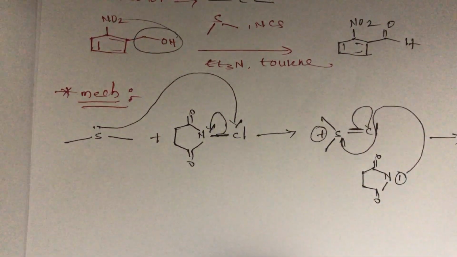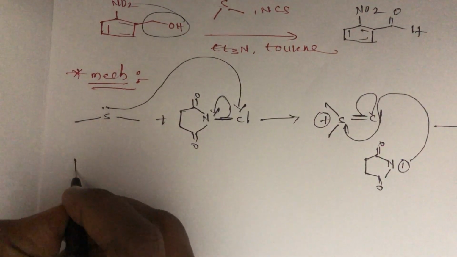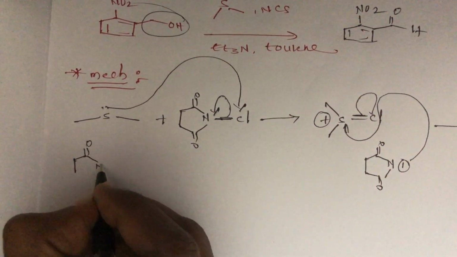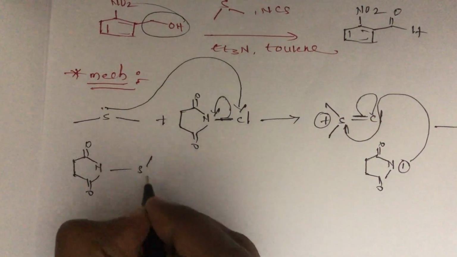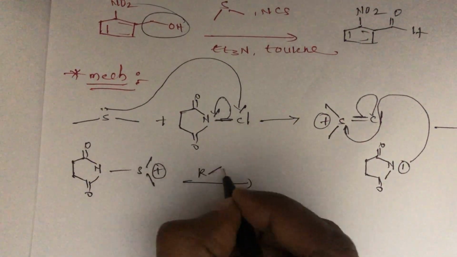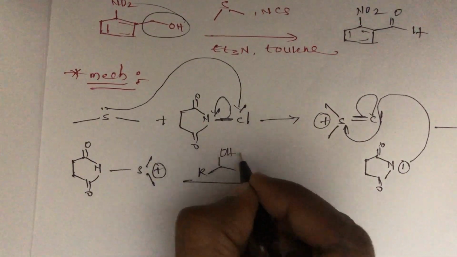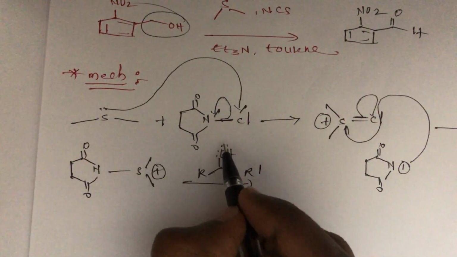So we'll get the substrate: here nitrogen, here we have sulfur, and it is treated with a secondary alcohol. Here we have an oxygen containing a lone pair of electrons.